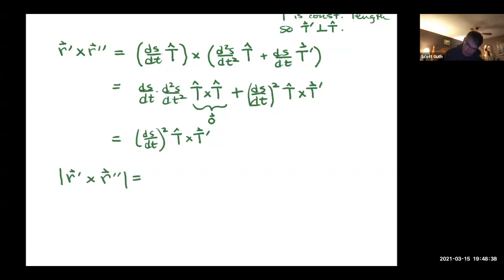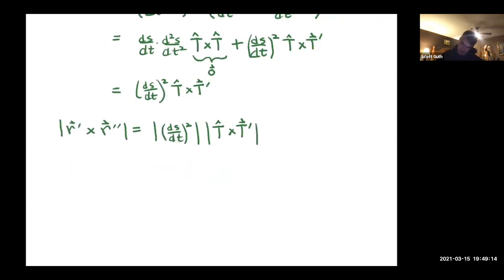I'll take the absolute value of ds over dt squared, and of course the absolute value of a squared thing you don't need, so I'll drop that. Then I'll have times the magnitude of T hat cross T prime.